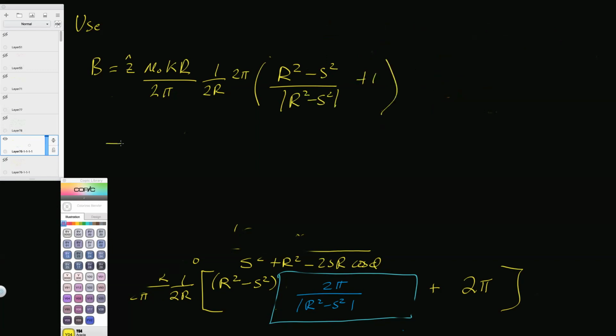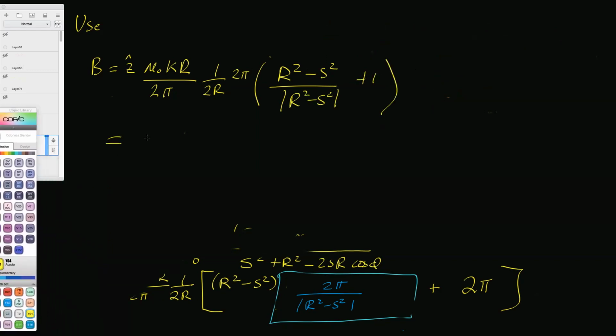And one more time, z hat, we get 2 pi r mu 0 k over 2, times r squared minus s squared over the absolute value of r squared minus s squared, plus 1.